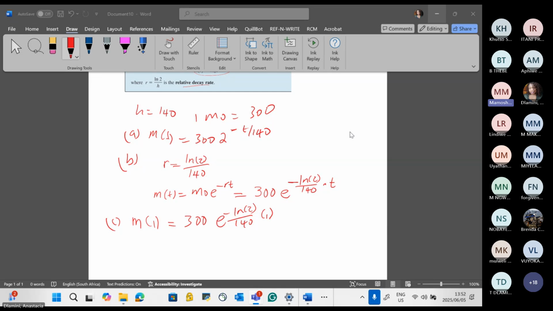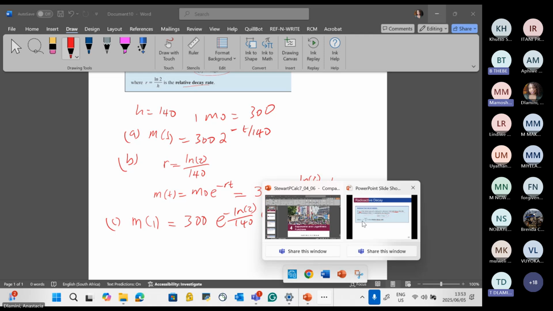So if we just substitute and leave it like that, it's going to be fine. Remember, it's also a mark. If you write 1, you won't get your mark, because you're given that T is in days, not years. We're supposed to put the days in the equation as we substitute.